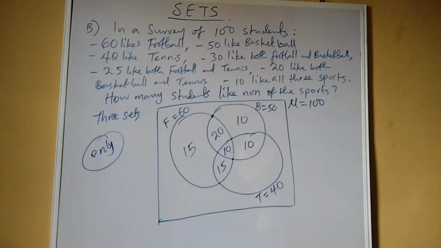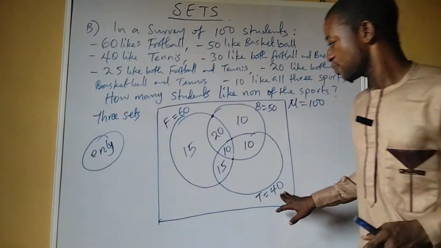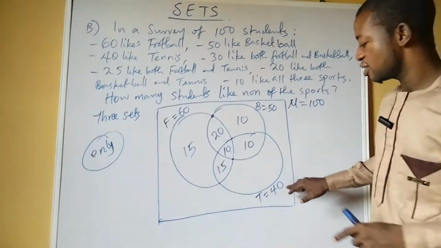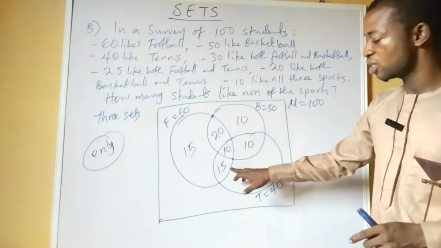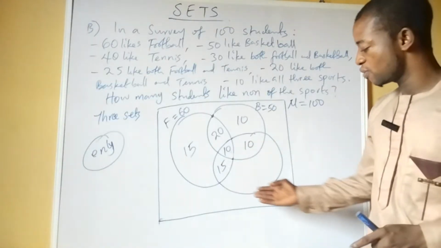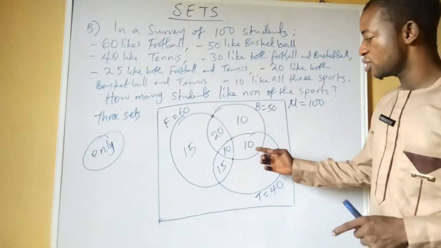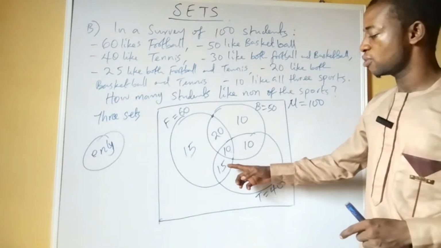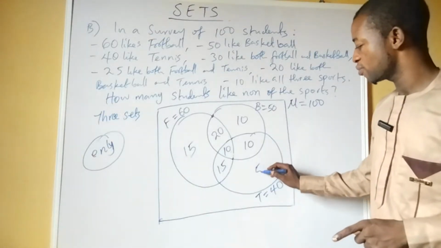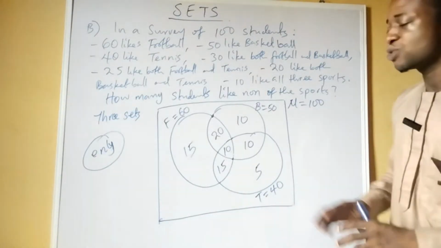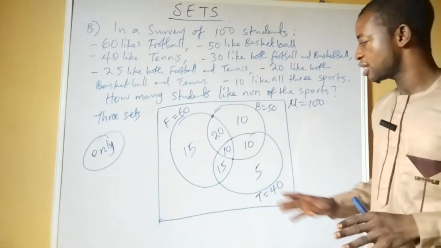I believe we are getting that, okay? And the same way for tennis, everything in tennis is 40. So we have these 3 numbers: 10, 10, 15. So take these 3 numbers away from 40. So this is 10 plus 10, 20 plus 15, 35. 40 minus 35, that's 5. It means 5 students only like tennis.